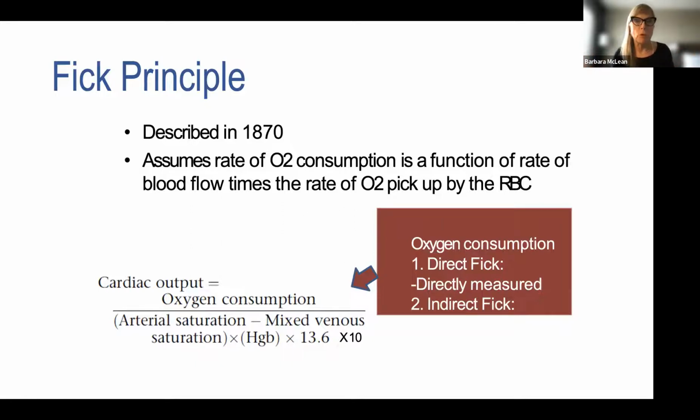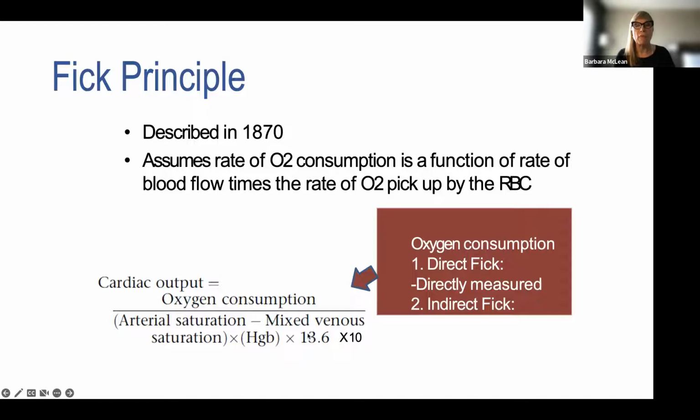Okay, this is really old. And basically, Fick is a calculation that looks at the content of arterial hemoglobin and the content of mixed venous hemoglobin. So content is arterial sat times hemoglobin times 13.6. Okay, so arterial sat SaO2 times hemoglobin times 13.6.